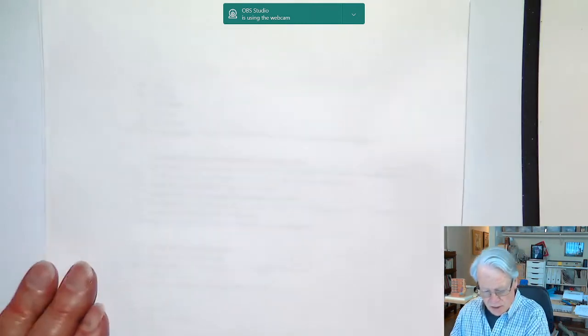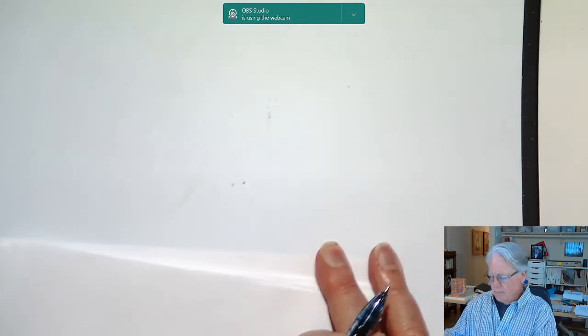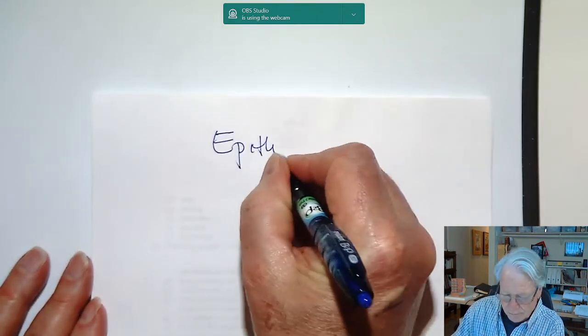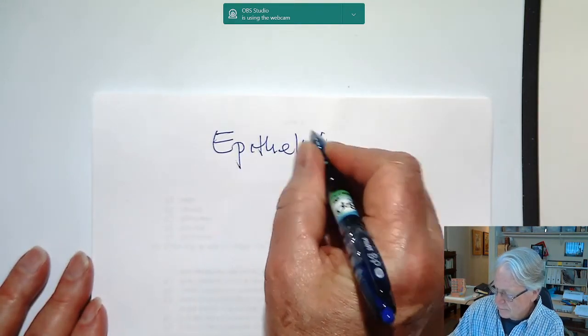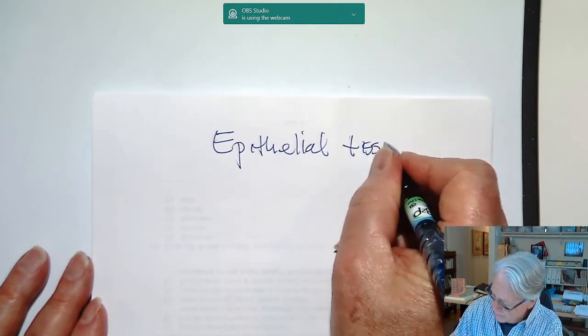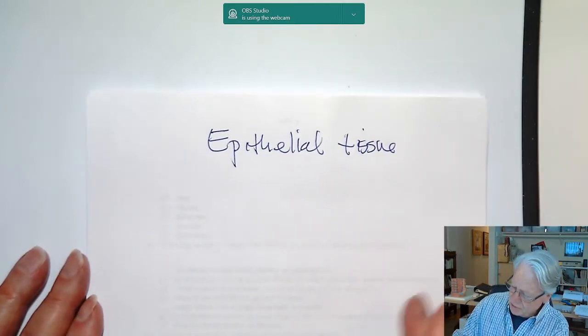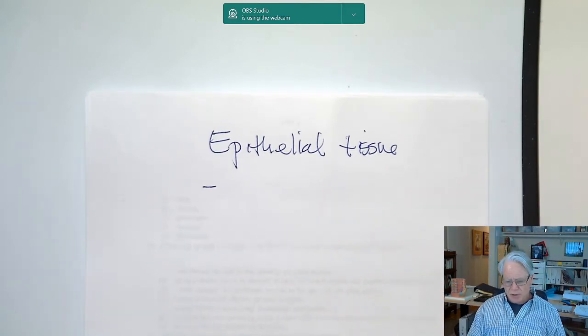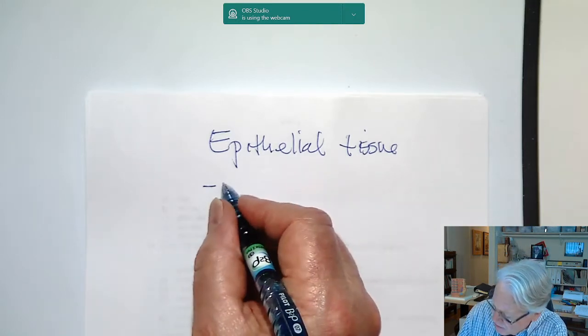So epithelial tissue. What we can say about epithelial tissue is it's broken down into two major different types, two different categories of epithelial tissue.